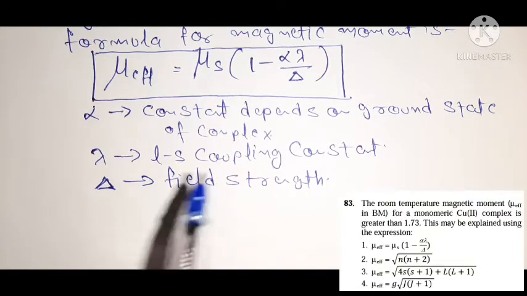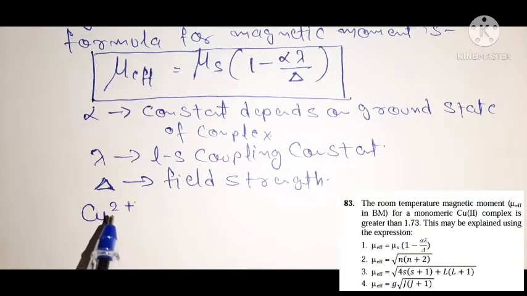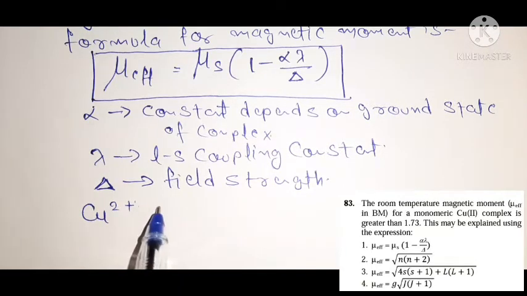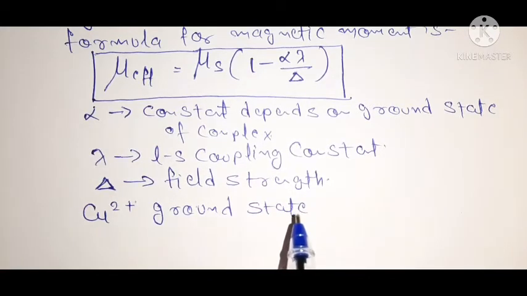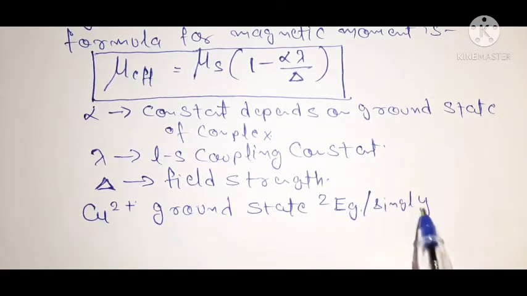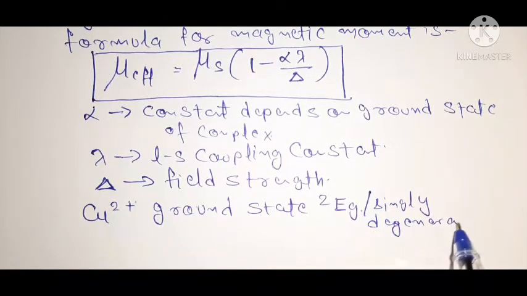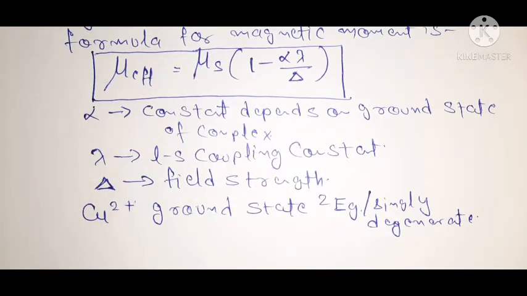And now in this question we have a copper 2+ complex. For copper 2+ ion, the ground state is 2Eg. So 2E, that is singly degenerate. Singly degenerate condition, okay. And for the singly degenerate condition, we have an appropriate formula for magnetic moment.